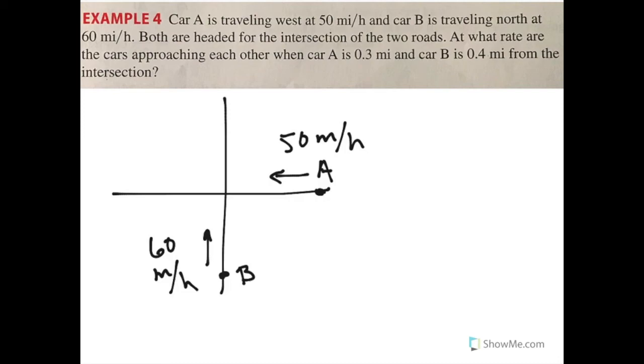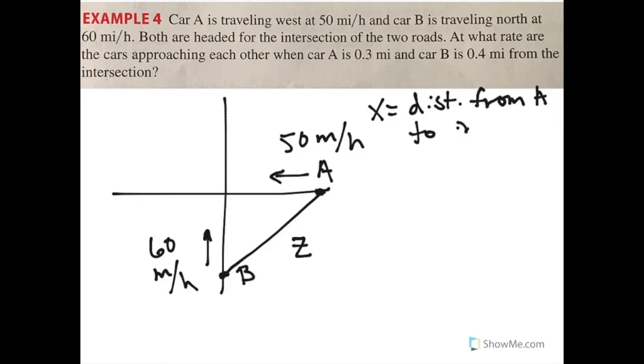So it says, at what rate are the cars approaching each other? Really what this is talking about is the distance between them. You can call that C or Z if we're using X and Y. I'll use Z over here. Let's call X the distance from A to the intersection, and Y the distance from car B to the intersection.